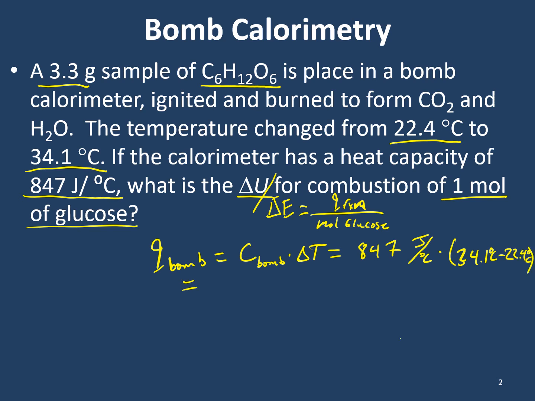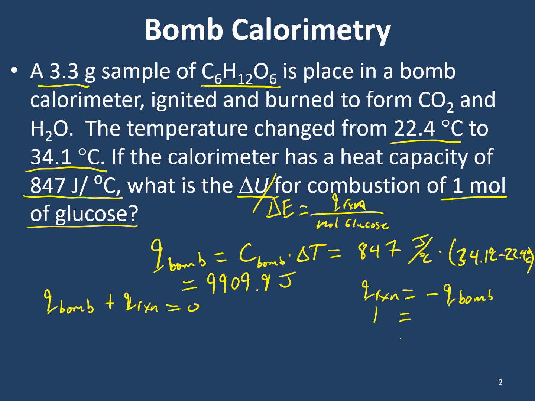This gives me a value of 9,909.9 joules of energy. Next, we use our equation Q of our bomb plus Q of our reaction equals 0. And we know Q of bomb now. So, right, Q of reaction effectively simplifies to negative Q bomb. Or in other words, Q of my reaction is equal to negative 9,909.9 joules. A lot of nines.